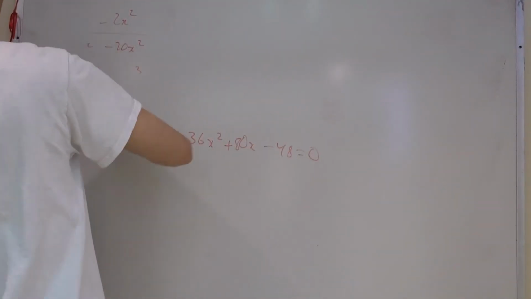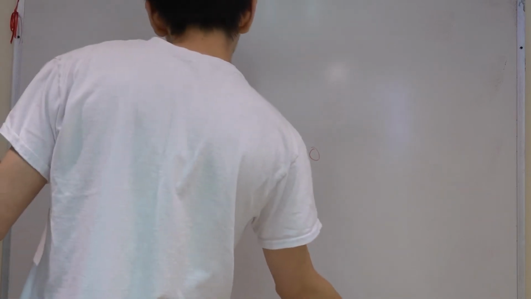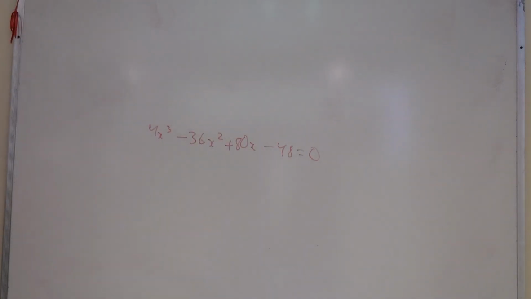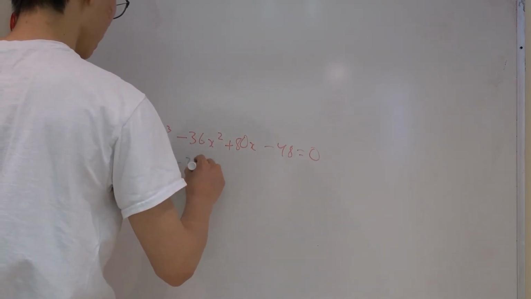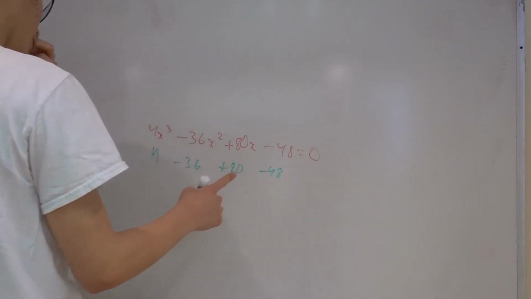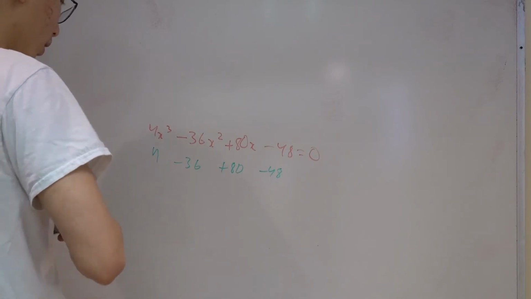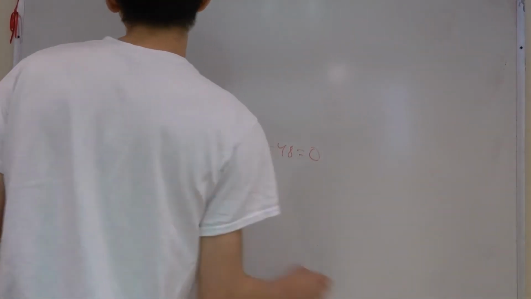Let's try some test values. I can immediately see, I think 1 will work, because you get 4 minus 36 plus 80 minus 48, and that to me looks like it adds up to 0. So we are going to try to divide by x minus 1.